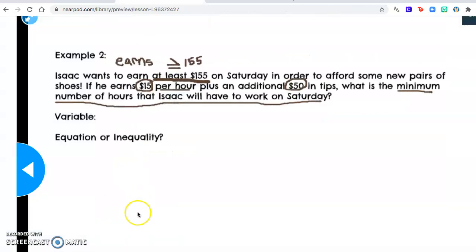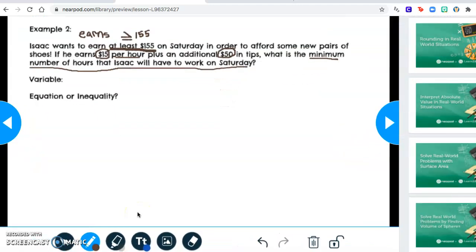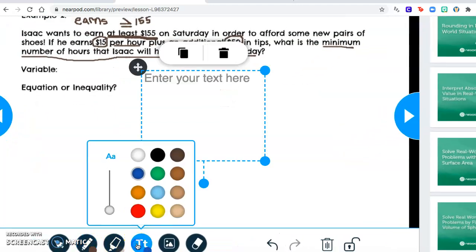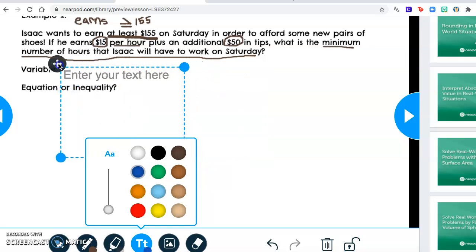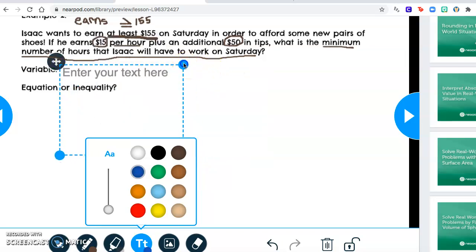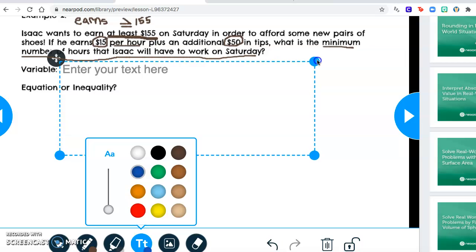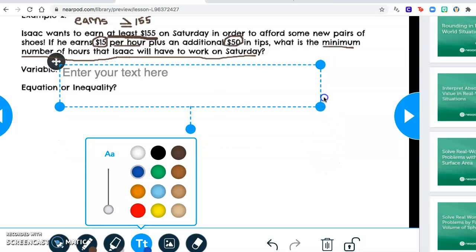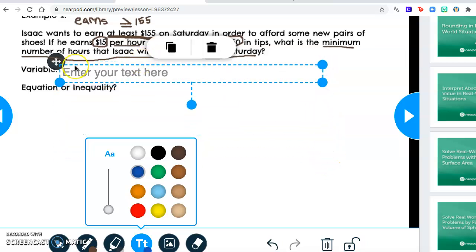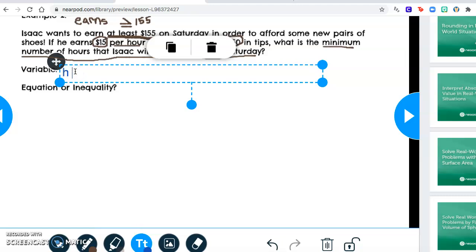So let's figure out this variable here. What I'm going to choose is the letter H because the word we're trying to find is the minimum number of hours. So for my variable, I'm going to put H equals the minimum number of hours Isaac works.